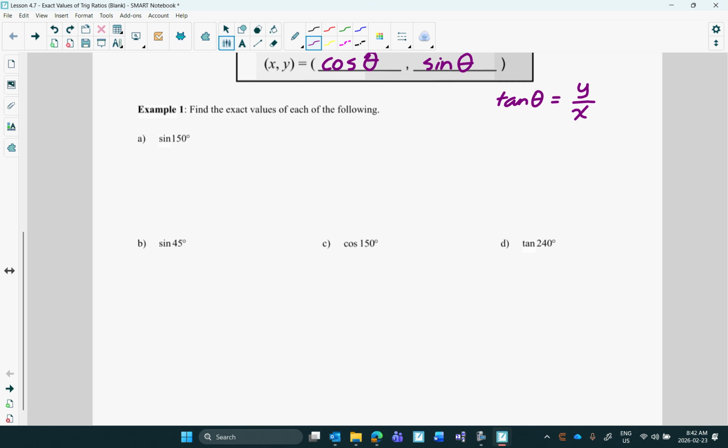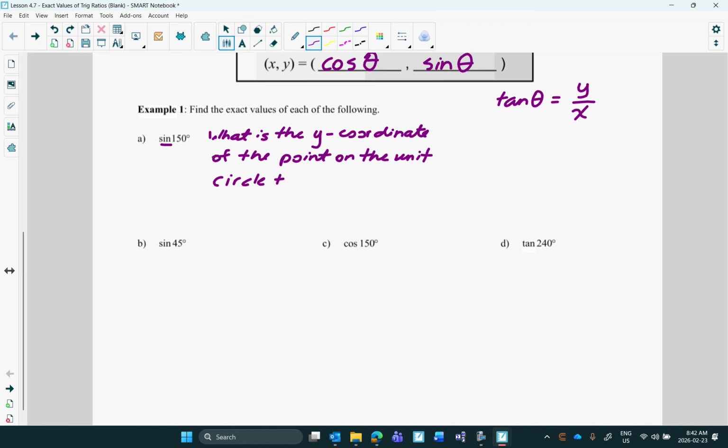What you need to ask yourself is, because it's sine, what is the y-coordinate of the point on the unit circle that corresponds to 150 degrees.